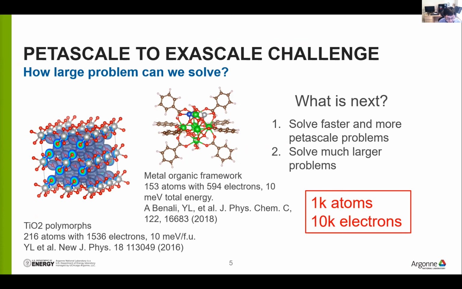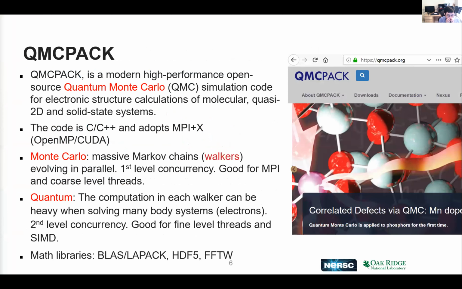The target is to make sure 1,000 atoms in the simulation works, roughly 10K electrons since we use pseudopotentials. On the other hand, this is just part of the goal, because not everyone runs those heroic simulations. People still daily run small systems with maybe 20 atoms or 100 atoms. So we want the code to be efficient across the whole spectrum.